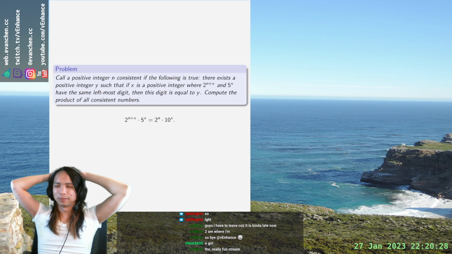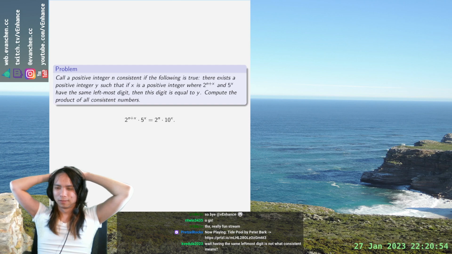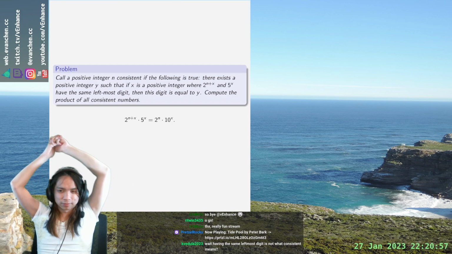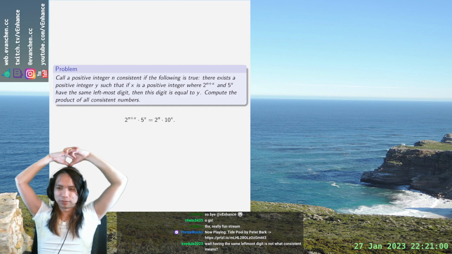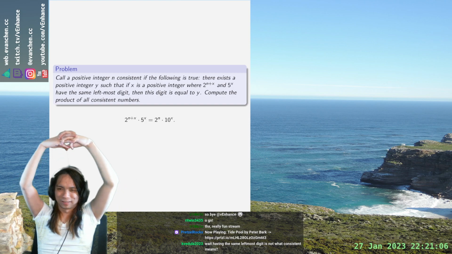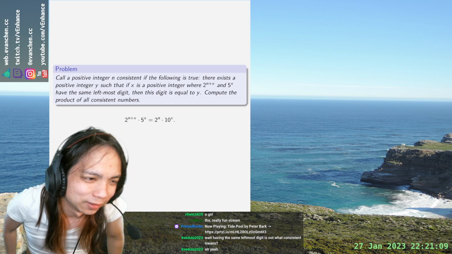So, 2 to the x plus 1... Having the same leftmost digit, then that digit is equal to a particular y, right? Or something like that? I don't know.